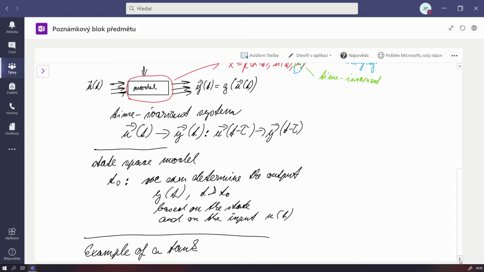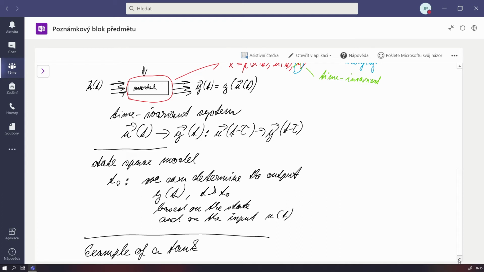So let's have a tank where we have the inlet pipe where the flow is denoted as lambda t, and the outlet pipe where the flow is denoted as mu t.